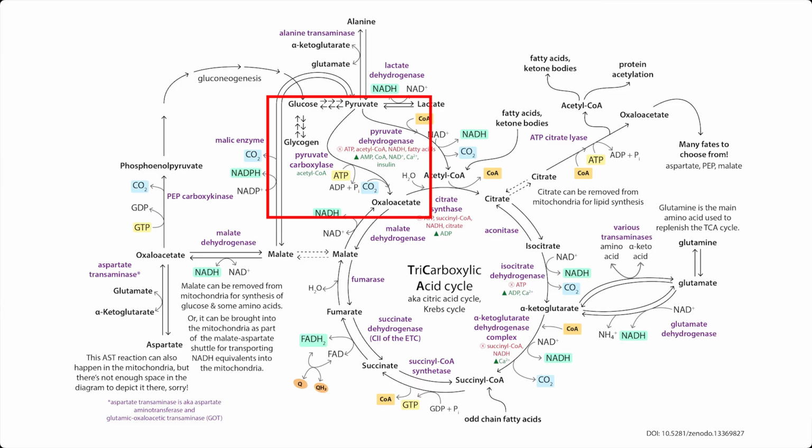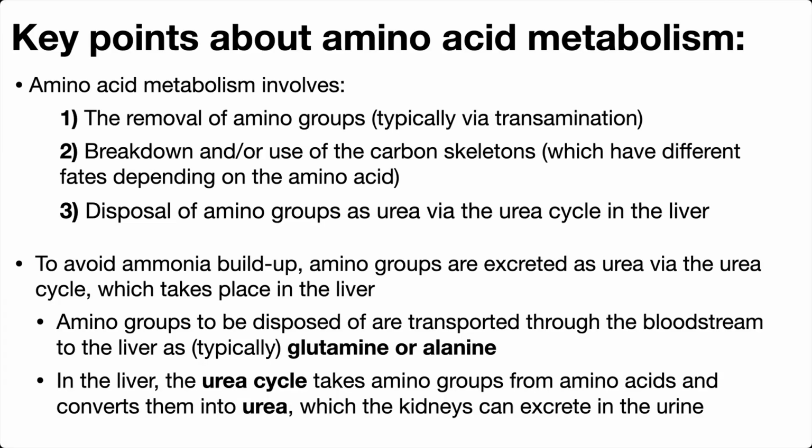But acetyl-CoA only has 2 carbons, and it can't enter the citric acid cycle unless the cycle has oxaloacetate to join up with. Pyruvate could give you oxaloacetate, so it was going to be glucogenic. But acetyl-CoA can't, so it isn't going to be glucogenic. Instead, it's ketogenic.